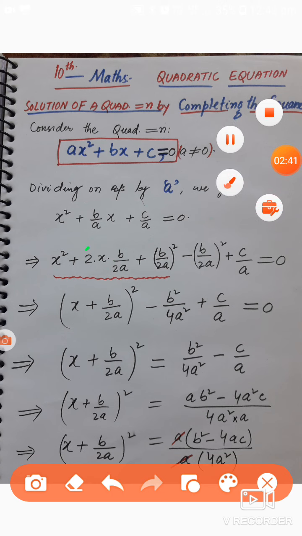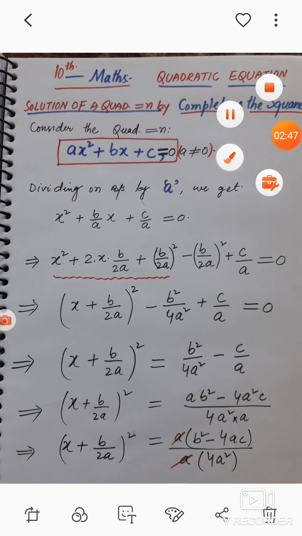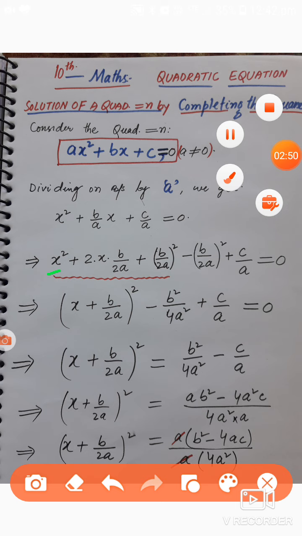So instead of a you have x. Let us see, x square plus twice x into b divided by a is the second term, but you have multiplied the term by 2, so we will divide it by 2, so that we are left with the same term as in the above equation, and the equation is no longer altered by multiplying and dividing by 2.